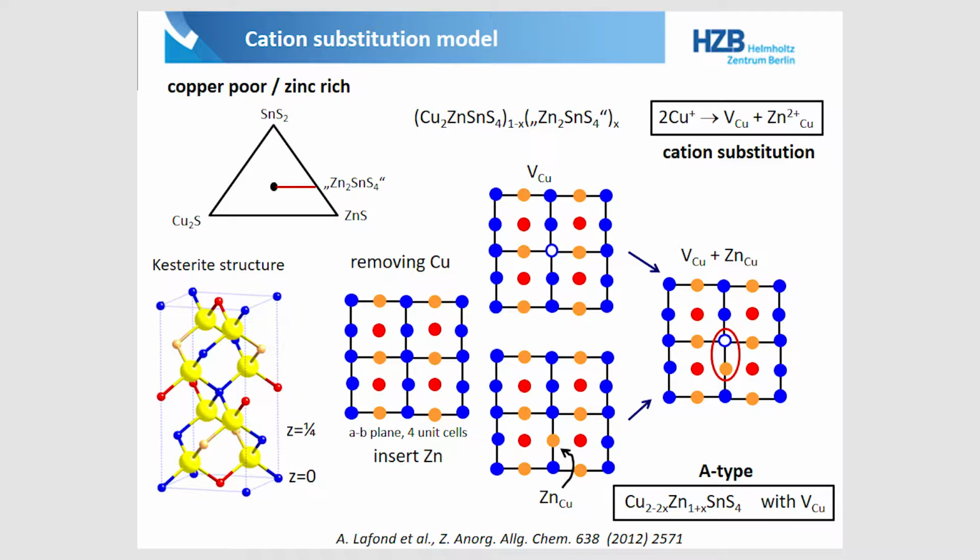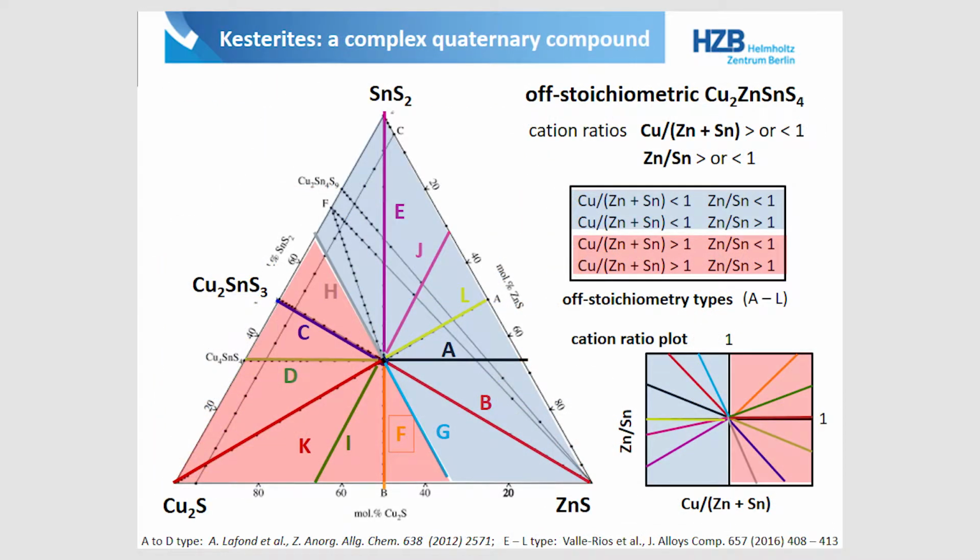So in this way you form copper vacancies and zinc on copper, and you form an off-stoichiometric Kesterite with this composition and copper vacancies. So this is the way Alain Lafond introduced, and he calls that A-type. So he started with the first letter. So now you know that this line is the so-called A-type. It's an off-stoichiometry type called A.